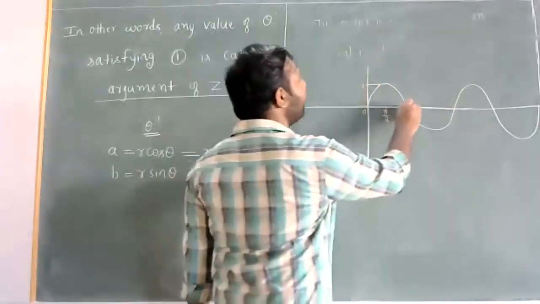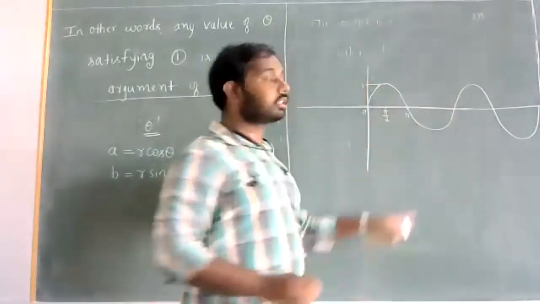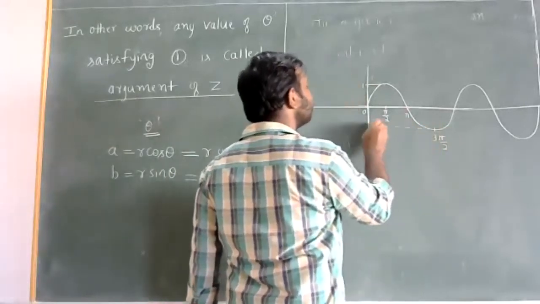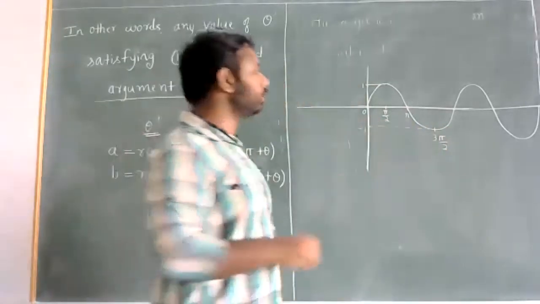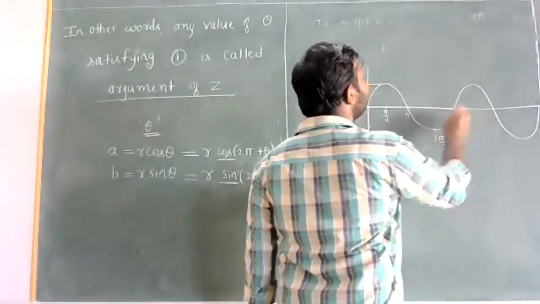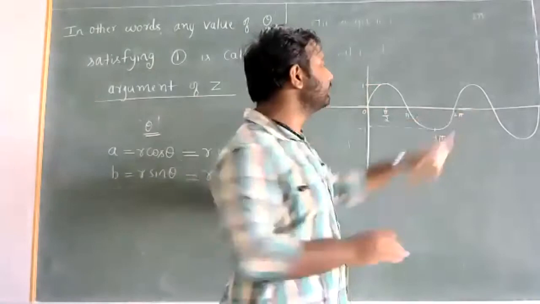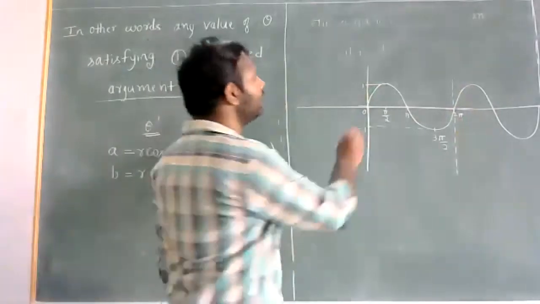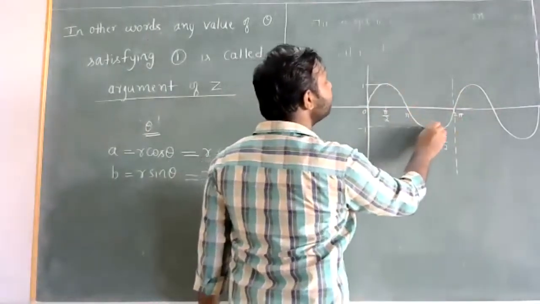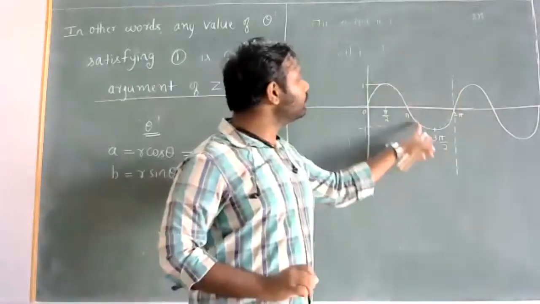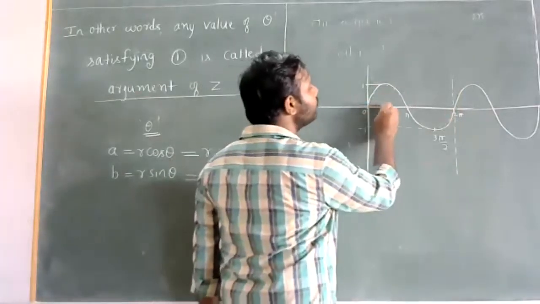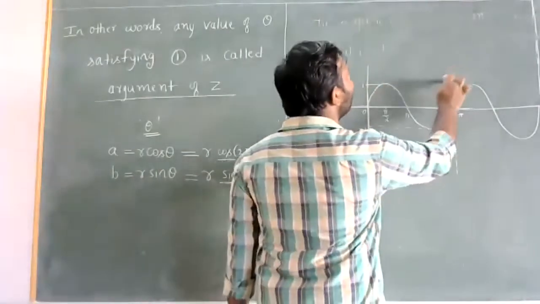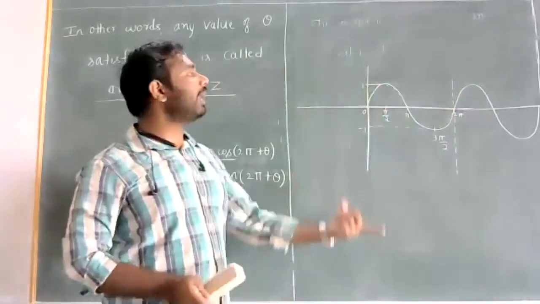At pi, it is 0. At 3 pi by 2, it is minus 1, the minimum value. And once again, at 2 pi, sine is 0. So this is one interval, or you can say one cycle, for the values from 0 to 2 pi.